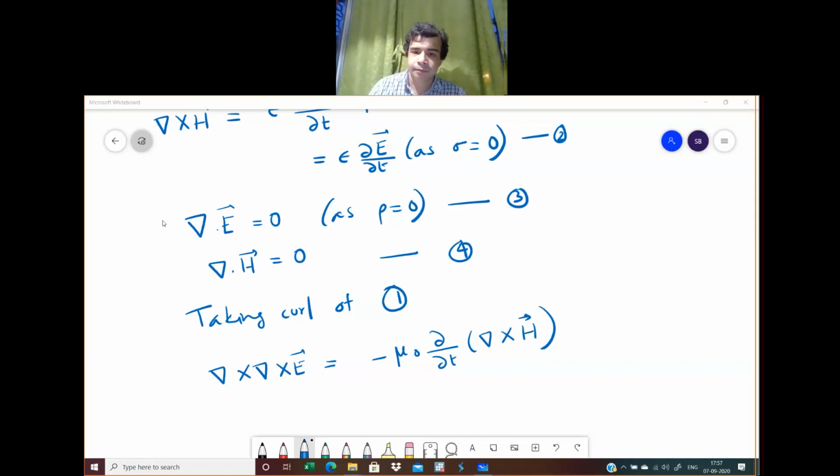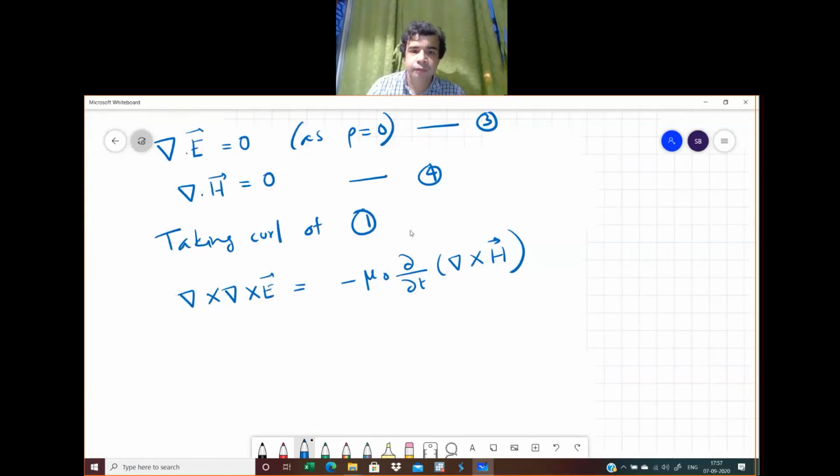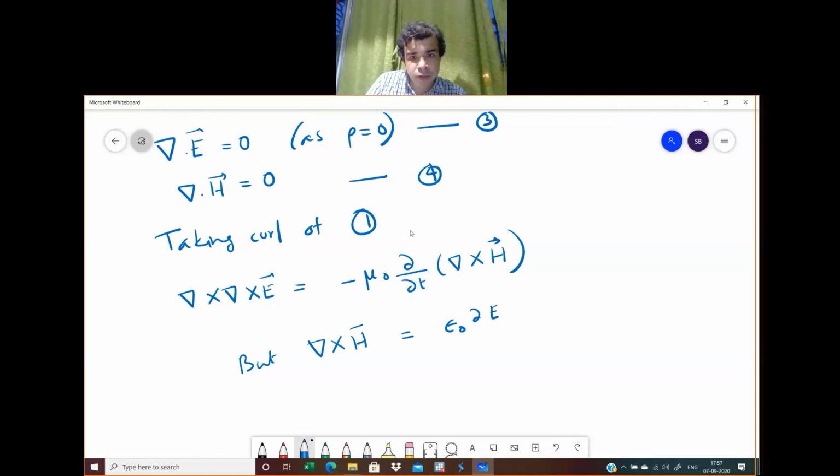But curl of H from equation number 2, we had seen, is epsilon naught del E del t. So we can replace curl of H here.